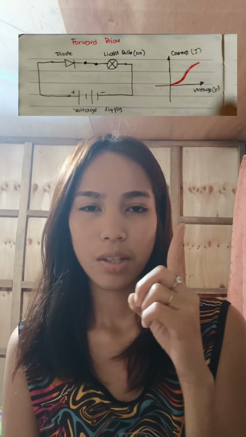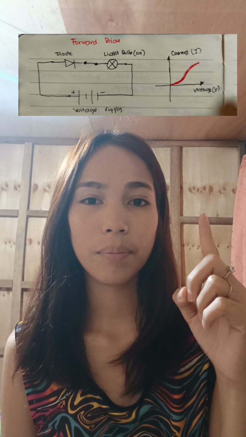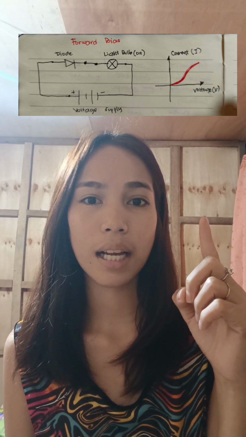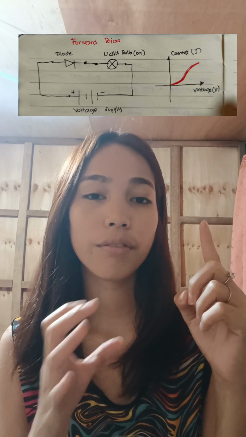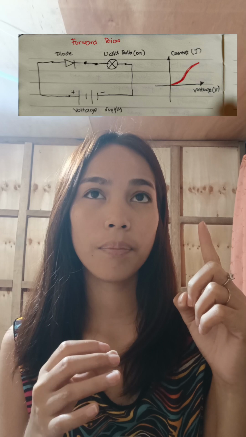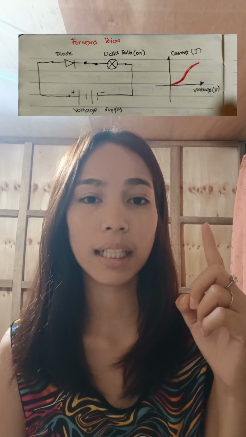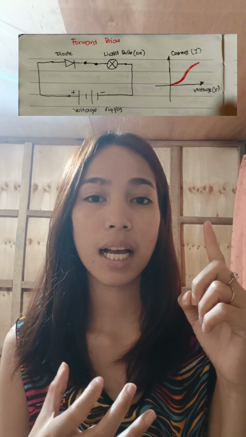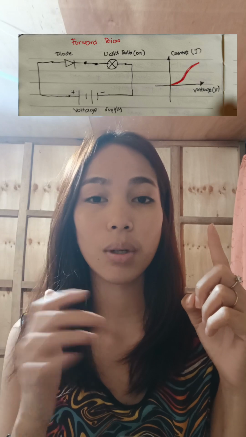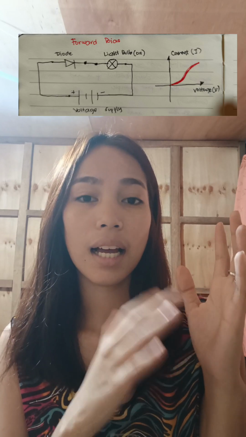Next is forward bias. So, in forward bias, you can see in my drawing of the simple circuit that the positive terminal of the battery is connected to the P side and the negative is connected to the N side.